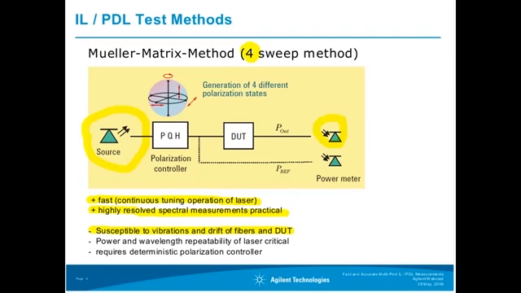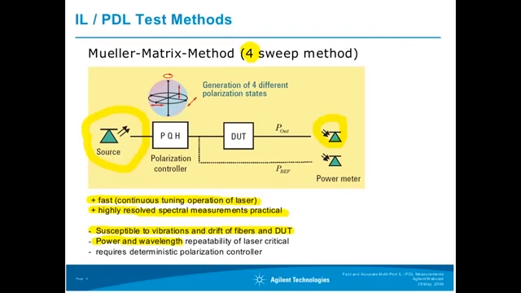The same is true if the laser is not repeatable regarding power and wavelength. So the laser really has to have the very same power, the very same wavelength with every sweep. If there are differences, then this also has an immediate degradation of the result as a consequence.